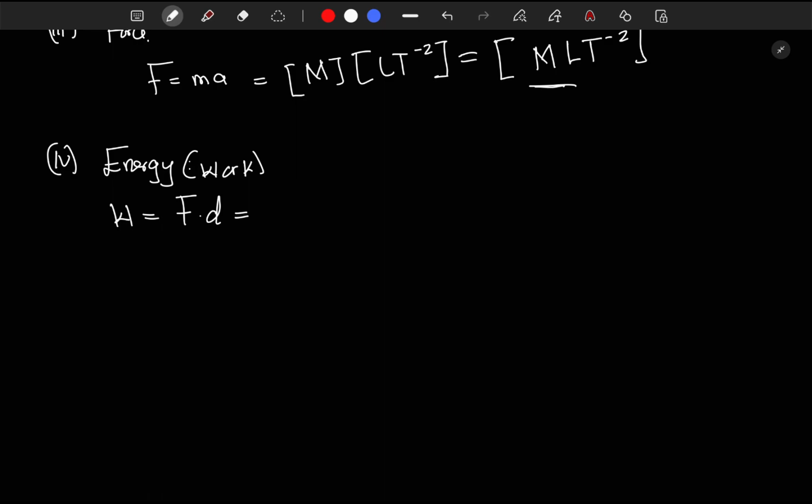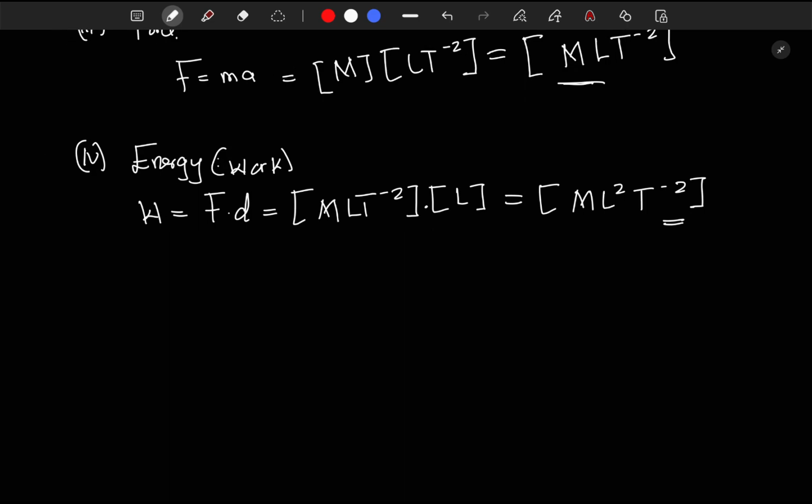The force is [MLT^-2], and the distance is just length, so you put a dot there, then you put length. What do you end up getting? Length and length give us length squared, so we end up having [ML^2T^-2]. This is the dimensional formula for energy or work.